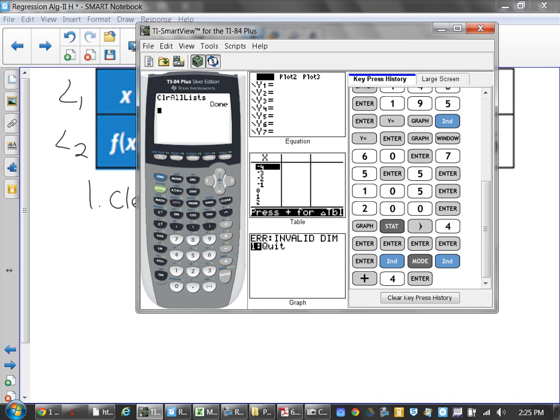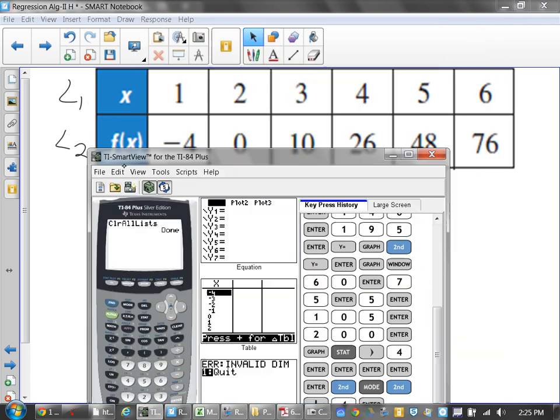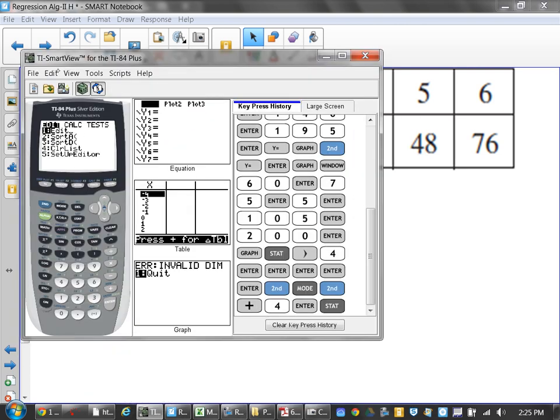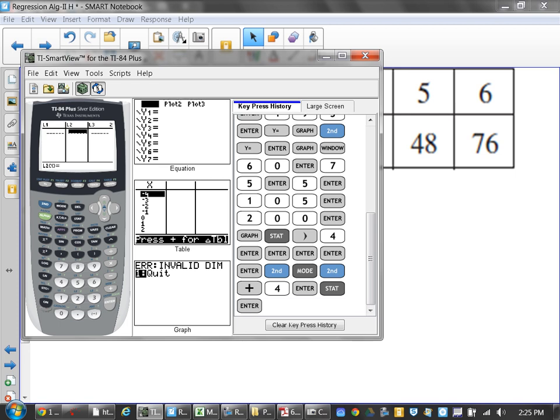Plus 4. Now to go into editing the list. Did you get that okay to clear it? Second plus. Sorry, I'm moving around here. So I'm going to go ahead and do my list by hitting stat. Hit edit, and I want to enter in my values for list 1 and list 2.